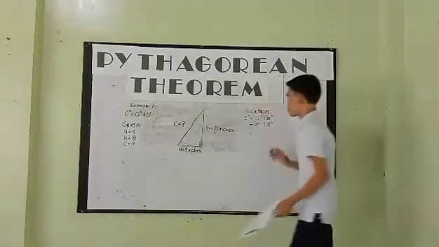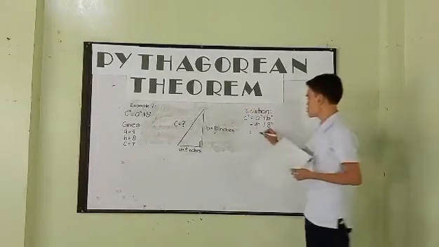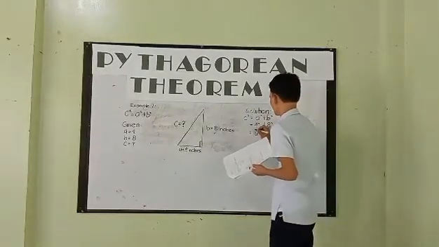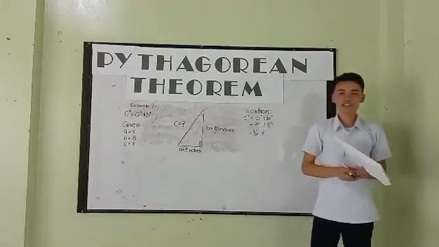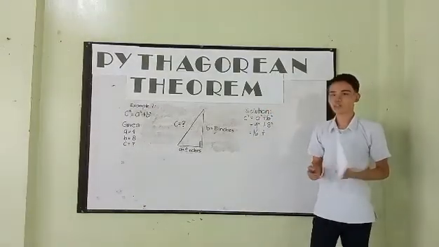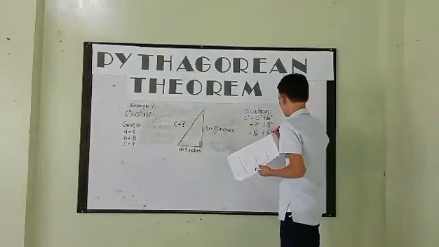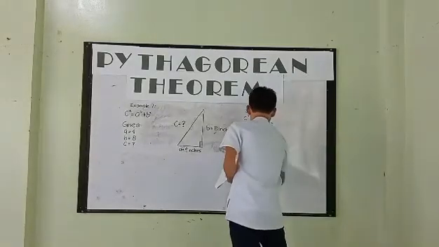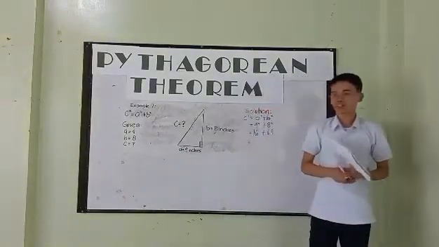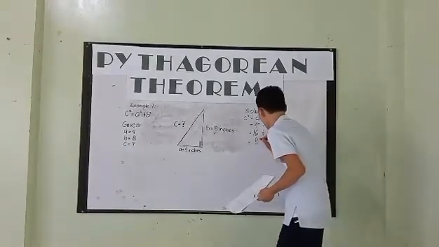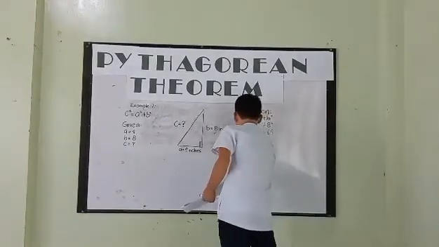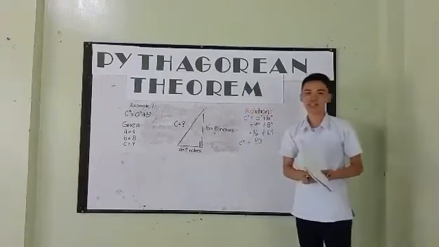Now 4 squared is equal to 16. 8 squared is equal to 64. So it's 16 plus 64, so we have 80. So c squared is equal to 80.